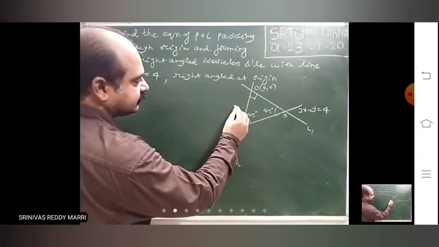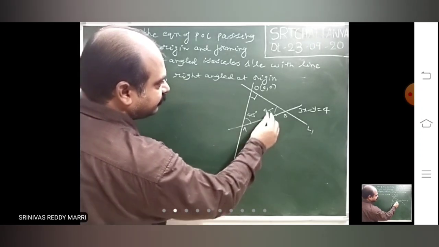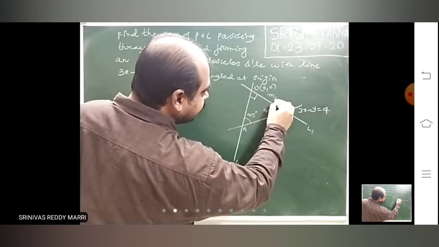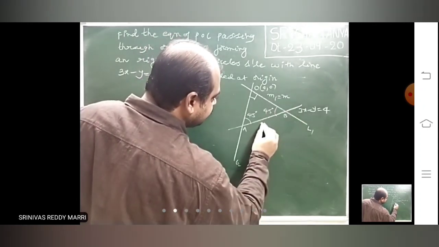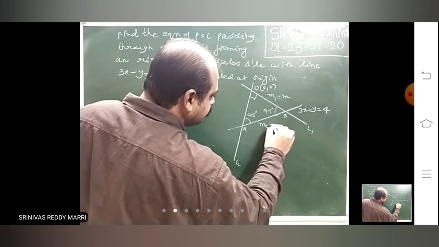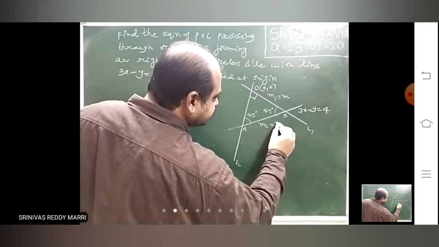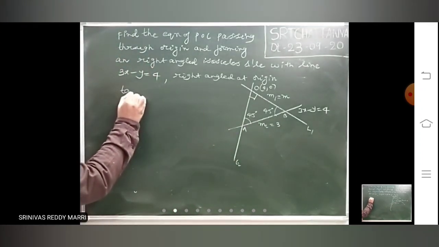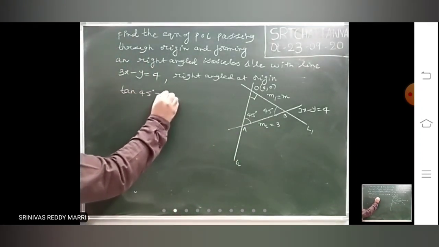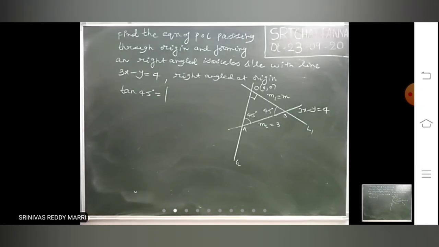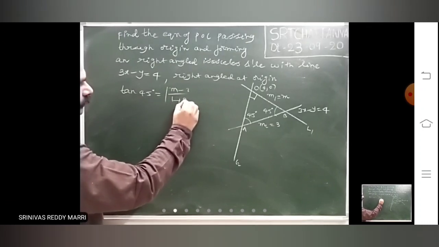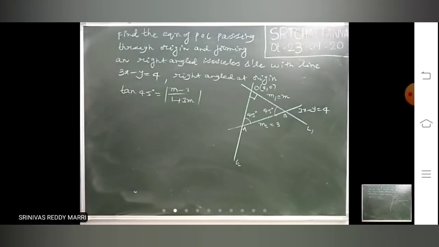So let us take slopes. Let the slope of this line be m. That slope you need to calculate. The slope of this line m2 is 3. This angle is 45 degrees. I am writing tan 45 degrees equals modulus of (m1 minus m2) divided by (1 plus m1 m2). I want to calculate L1, that means I want to know the slopes.